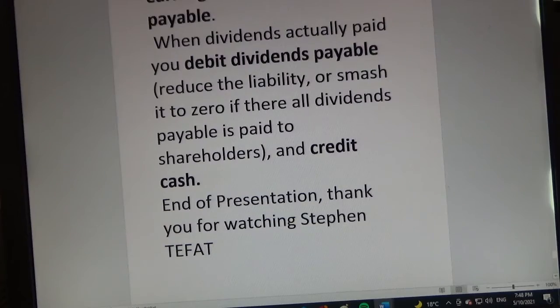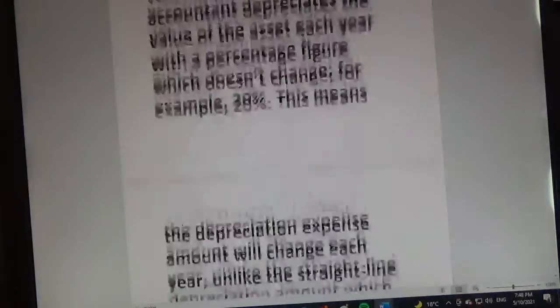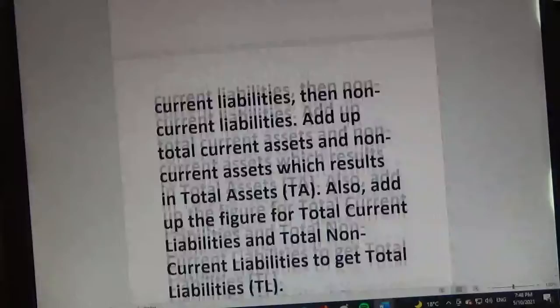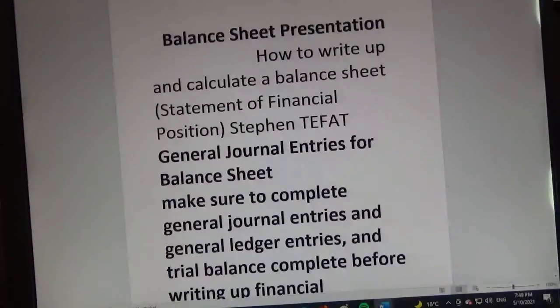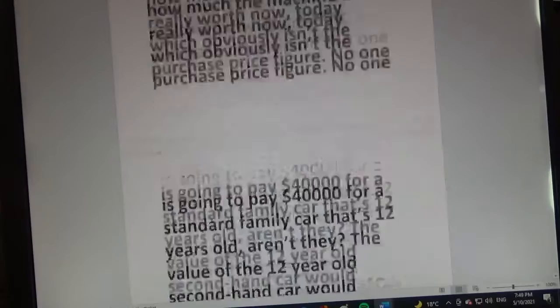Now, actually, that's not the end of the presentation. I haven't covered the example of the balance sheet. Maybe it just sort of disappeared somewhere. Hang on, just bear with me.